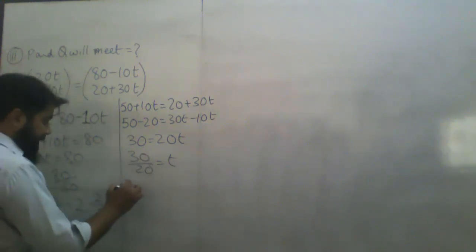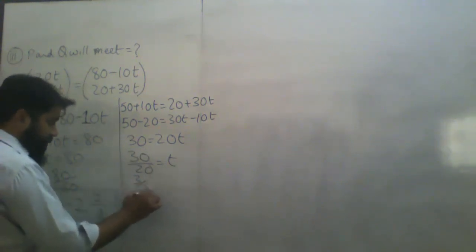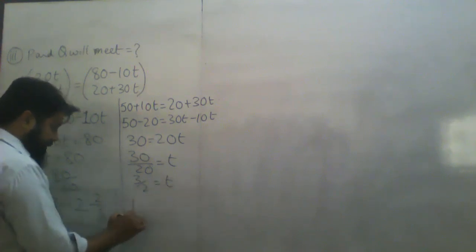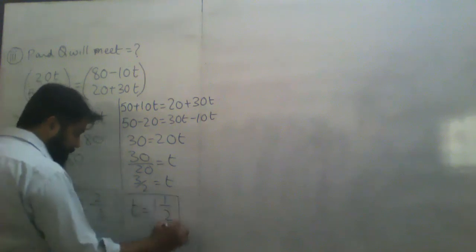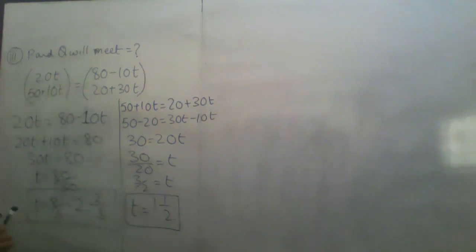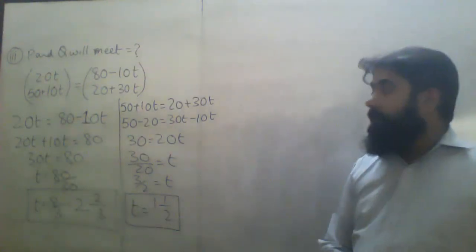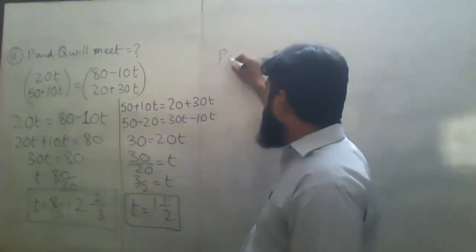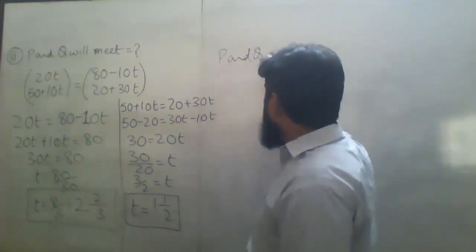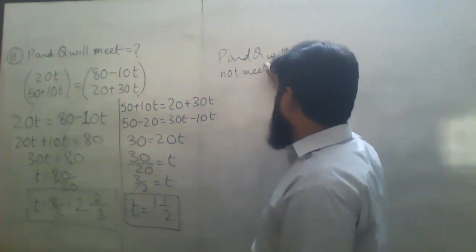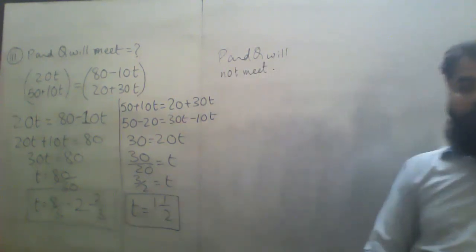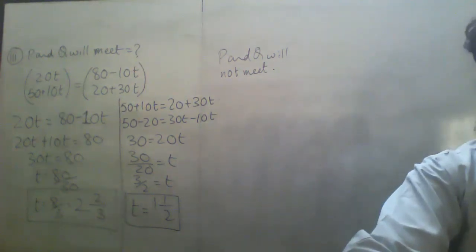When I simplify it, this becomes 3 over 2 equals t, which is t equals 1 and 1 upon 2. Now the values of t for both of them are different. It means that P and Q will not meet in the given scenario.